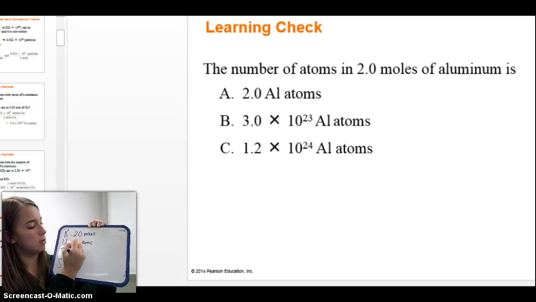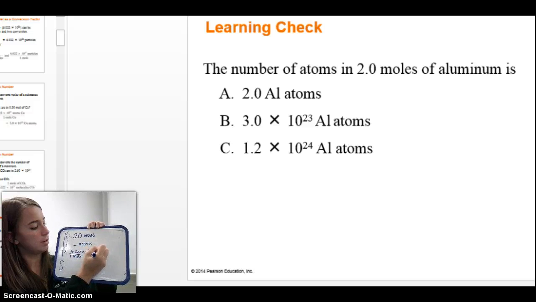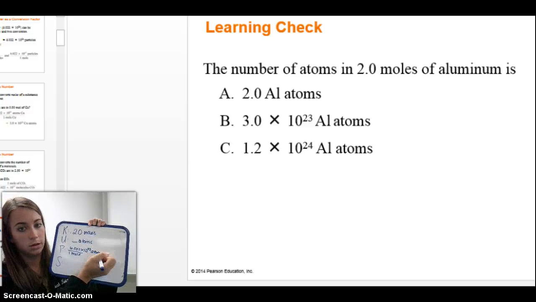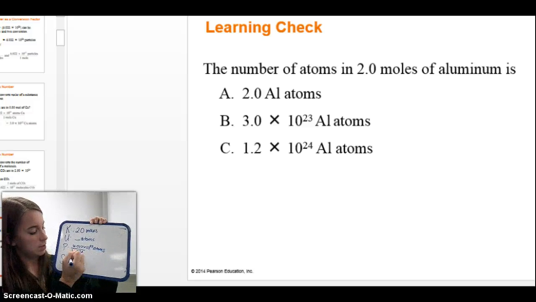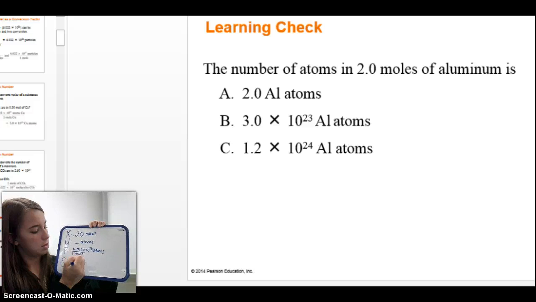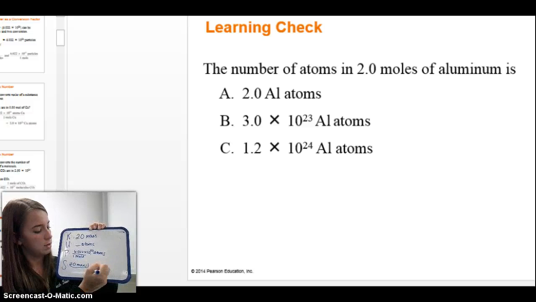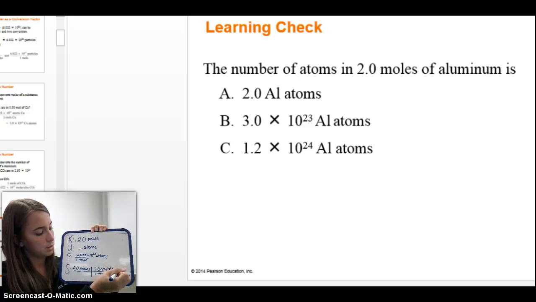And I know that 1 mole is 6.022 times 10 to the 23rd atoms. All right. So then I'm going to set up my T-chart, 2.0 moles times 1 mole in the bottom is 6.022 times 10 to the 23rd atoms.